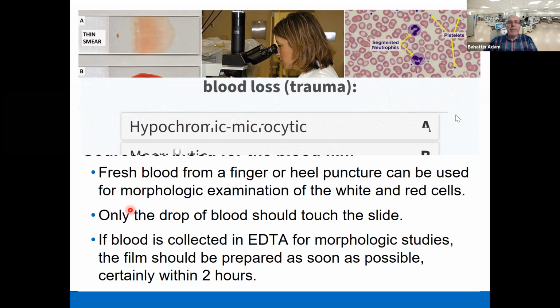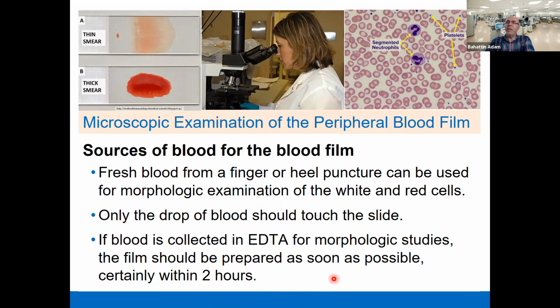Fresh blood from a finger or heel puncture can be used for morphologic examination of white and red blood cells. If you have anticoagulated whole blood, you can also use such a sample, but you don't want to wait for a long time. You have to use anticoagulated samples as soon as possible, let's say within 2 hours.